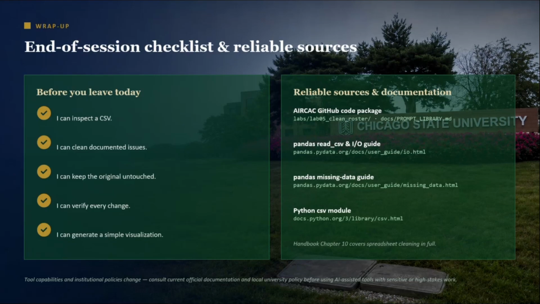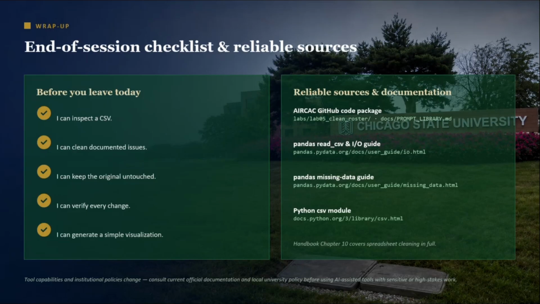So we came to the end of the session, and this is the checklist. Now you can inspect the CSV, you can clean it, document the issues, keep the original file untouched, verify every change, and generate simple visualizations.